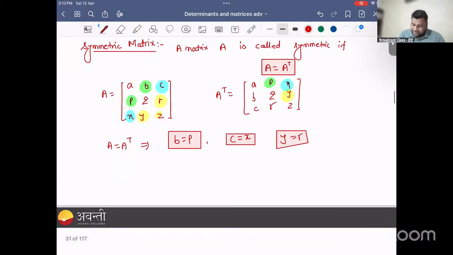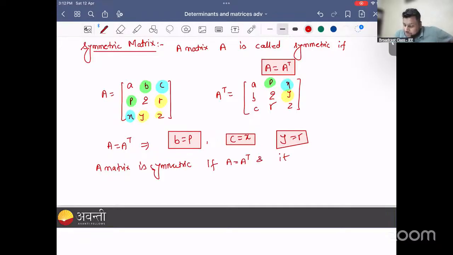So that means a matrix is symmetric if A equals A transpose and its conjugate entries are equal.